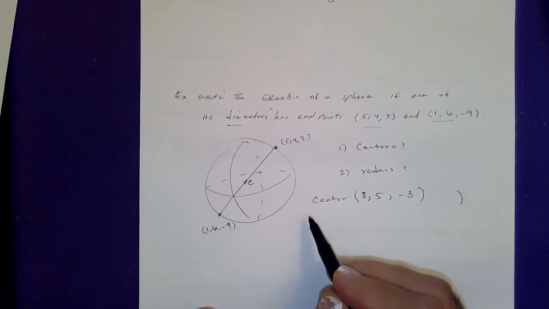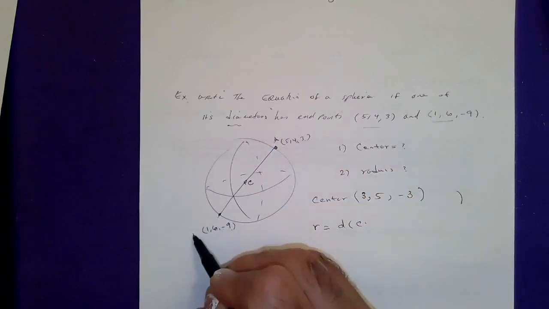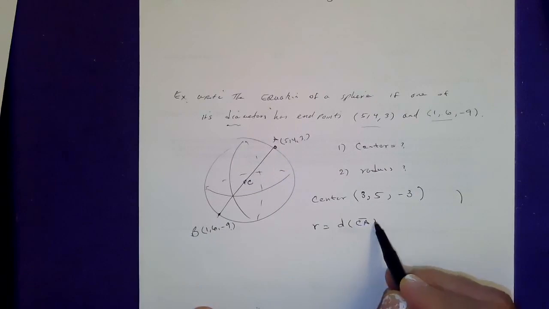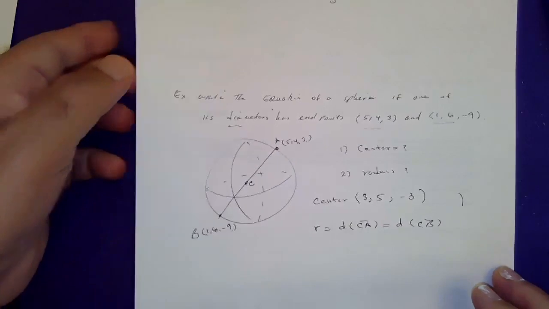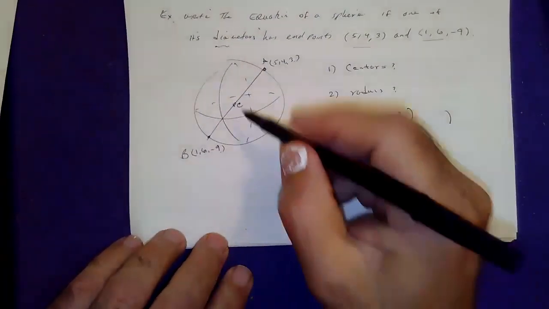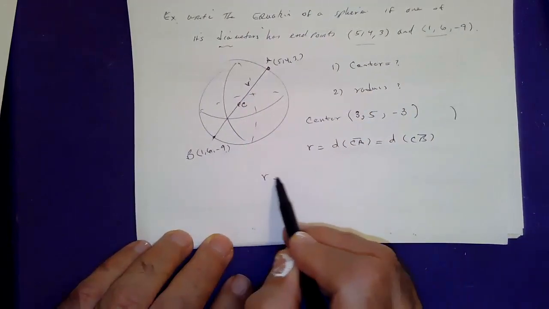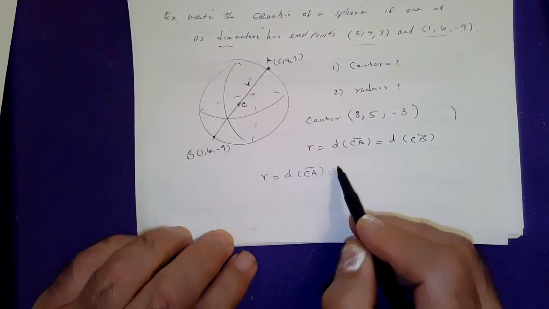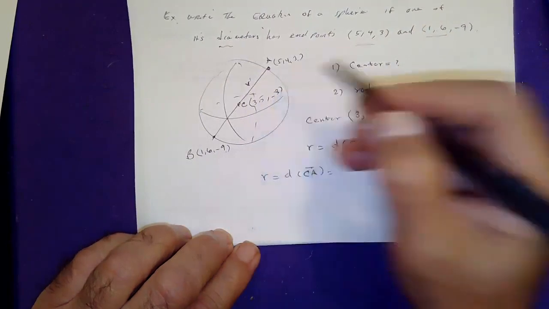Now I need to find the radius. Let's call these endpoints A and B, and the center C. The radius is the distance between C and A, or C and B. It doesn't matter, so we find either of these distances. I'm going to use CA. C was 3, 5, -3.